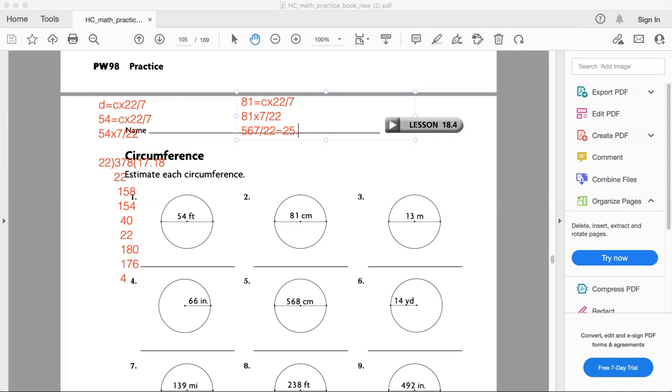The remainder is 17, and there is a 0 and a decimal point.